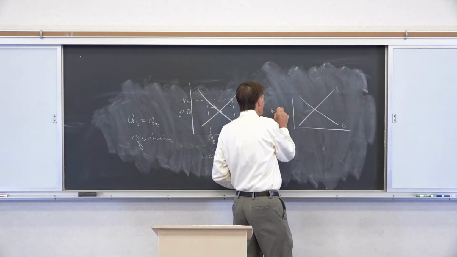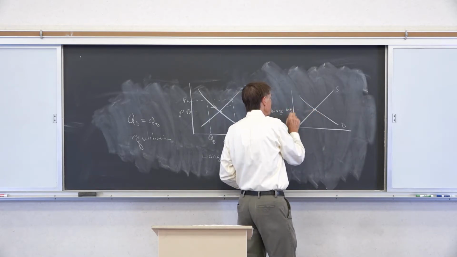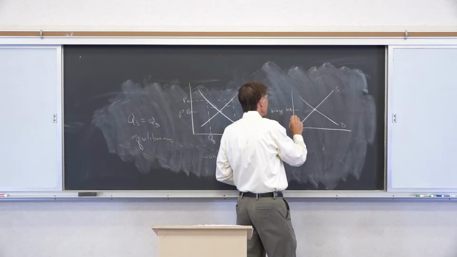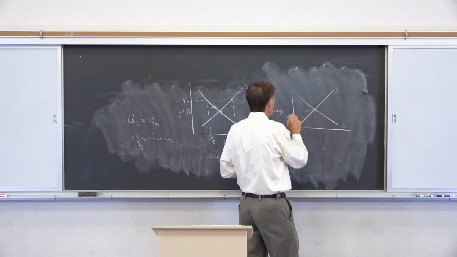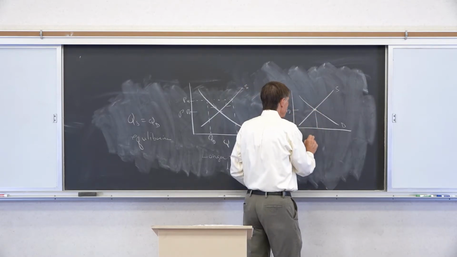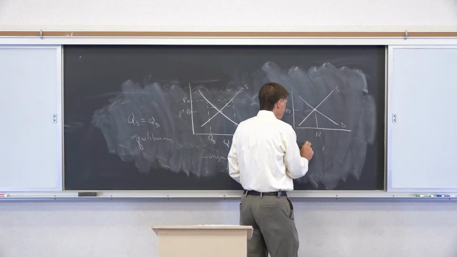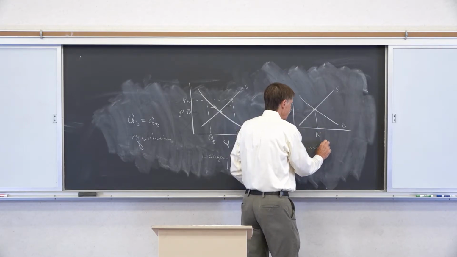The price of labor is the wage, right? And here's the equilibrium wage. Let's say it's $8 an hour. We'll just make it $8, okay? And here is the equilibrium quantity that's being hired. So we'll put N. N is the number that are hired.